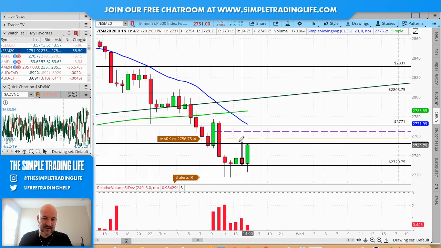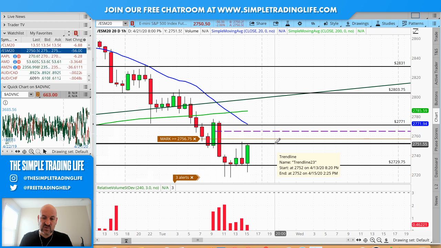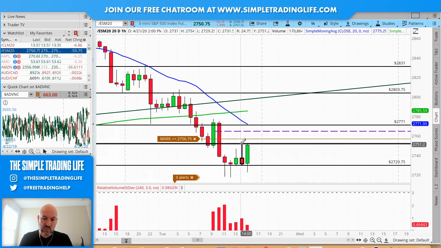If we can clear the top of this wick, opening price level would be the next logical point for any type of resistance. We're at a resistance level right now. It's not marked over here, but this is 27.52. See that? If we can get over that and clear this wick, then the next logical point would be opening price level.